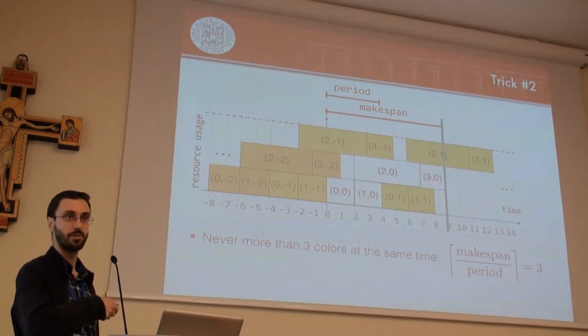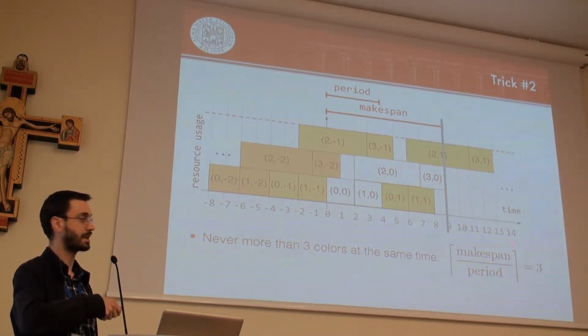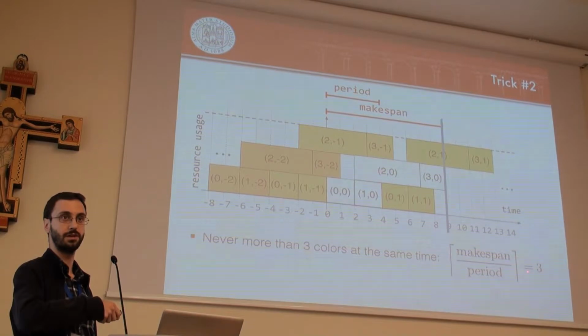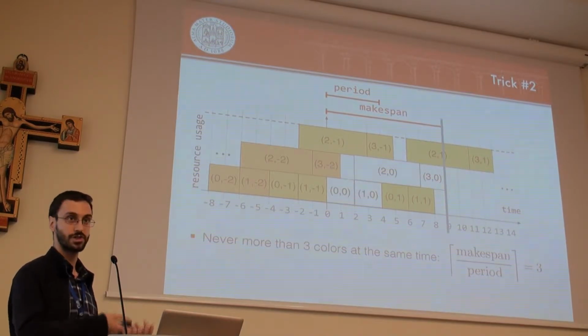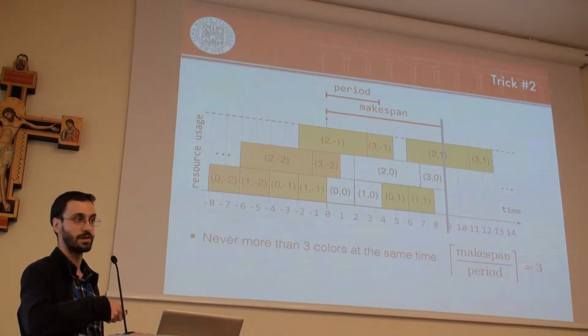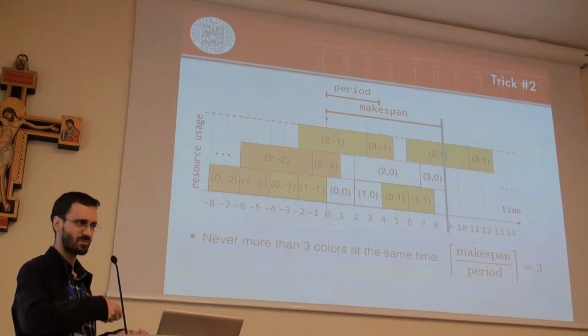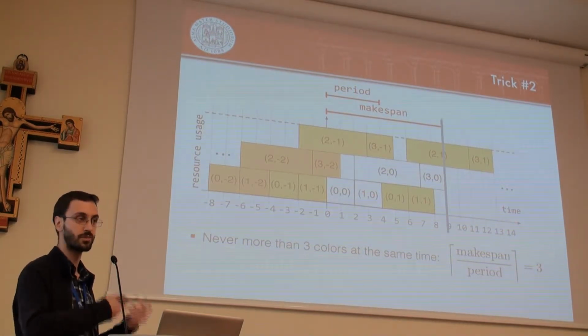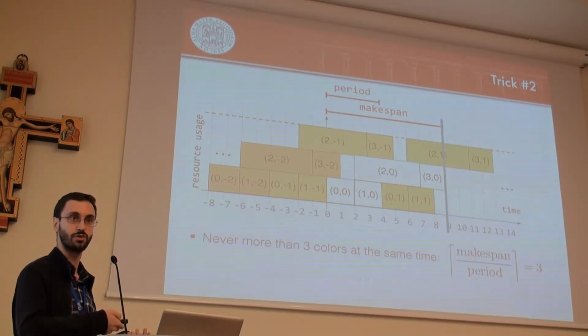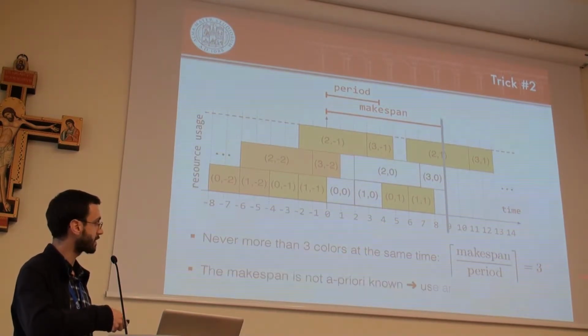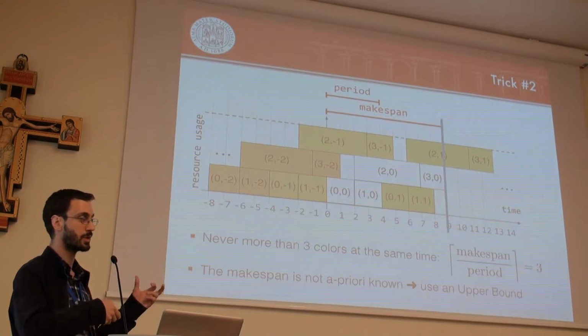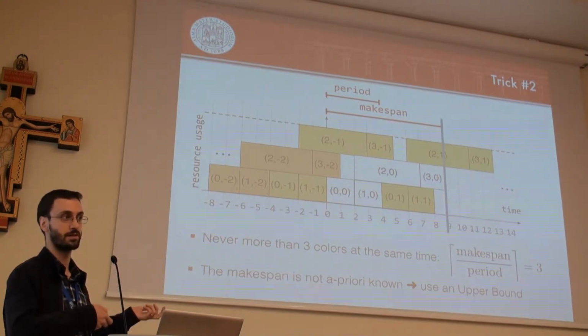How did we get this number? We took the makespan, divided it by the period, took the ceiling, and then you get 3. Of course, if you are searching for the makespan, you don't have access to this, but you can safely replace it with an upper bound, and still you get an upper bound on the maximum number of possibly overlapping executions. In this case, since this is 3, we know that we will never need more than 3 replicas.